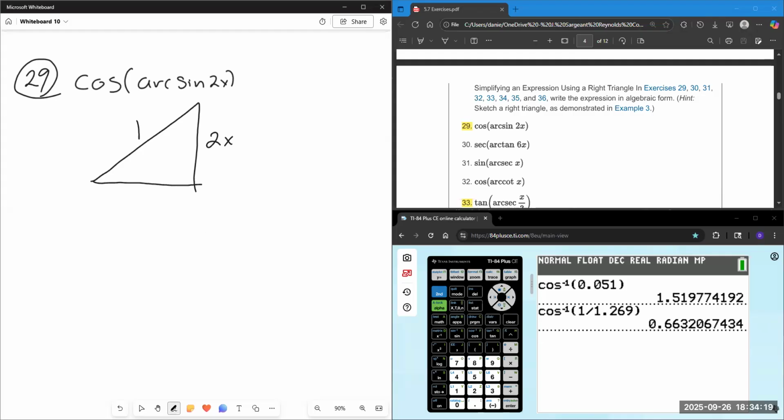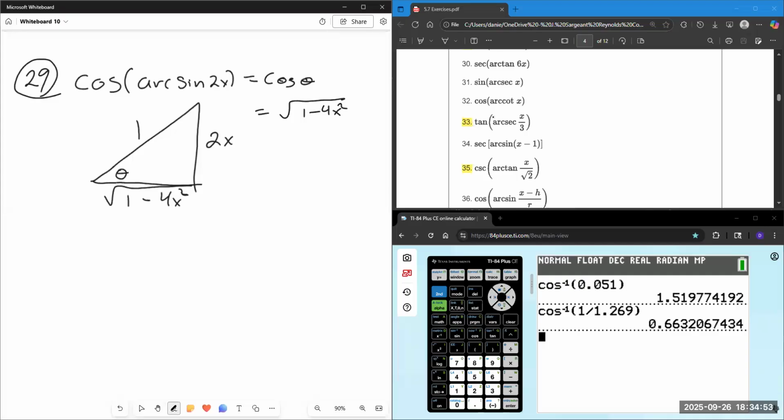And then we have the other side will be the square root of hypotenuse squared minus side squared. We'll call this theta. So cosine of theta is √1 minus 4x squared over hypotenuse of 1. So that's √1 minus 4x squared. So this complicated expression simplified down into that simpler algebraic expression.